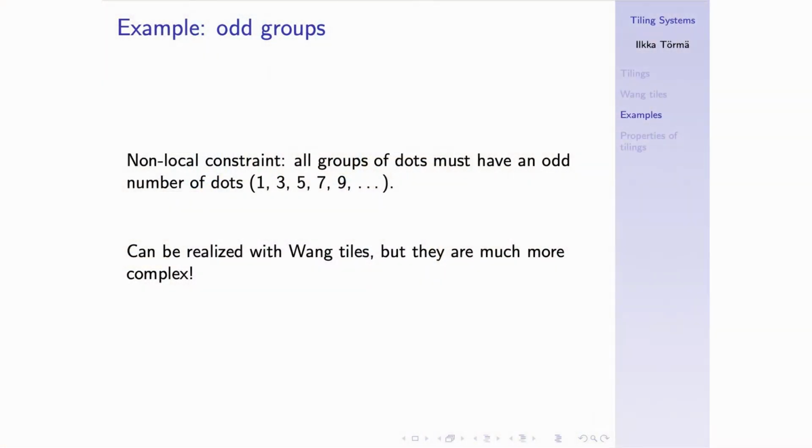Can we do odd size groups? It turns out that we can do them. And for this, the construction is much more complicated. There is an article in the making about this, which has not yet been published, but I know the people who are working on it, and they have explained it to me, and I believe them.